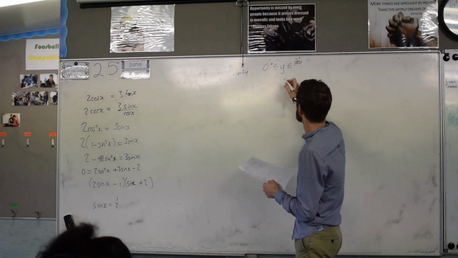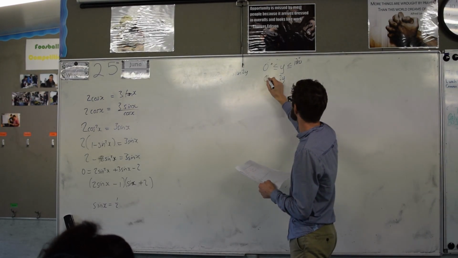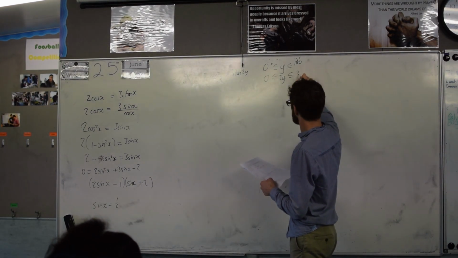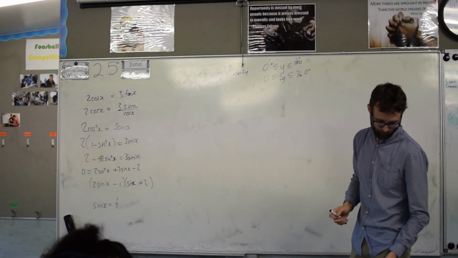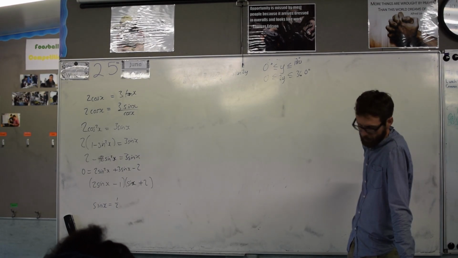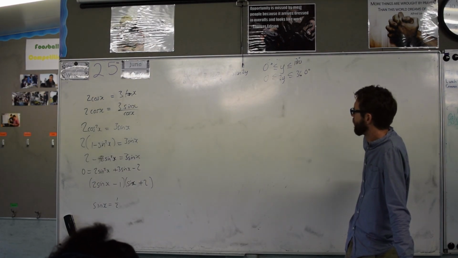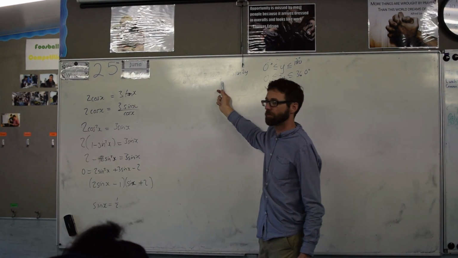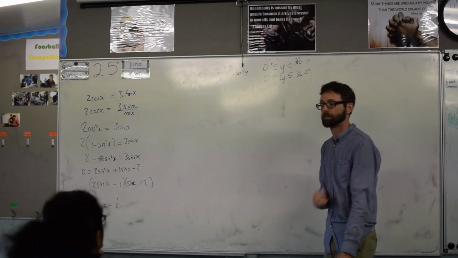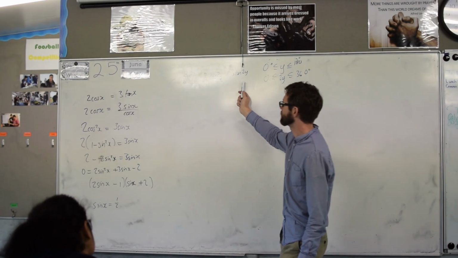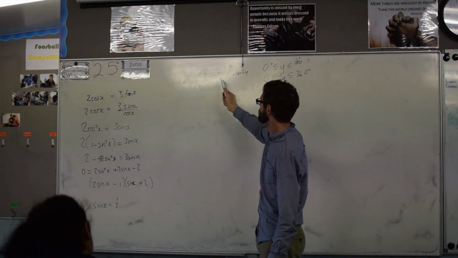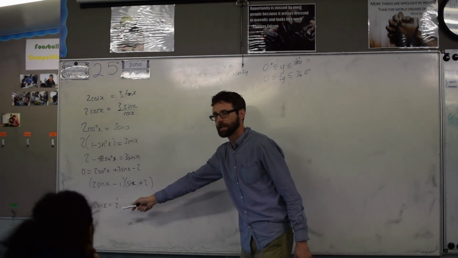Okay, well if we're dealing with 2y, we're going to be going between 0 and 360, right? Now, does this bear any relationship to what we've done over here? It does, doesn't it? It's the same thing, except instead of x, we've got 2y.